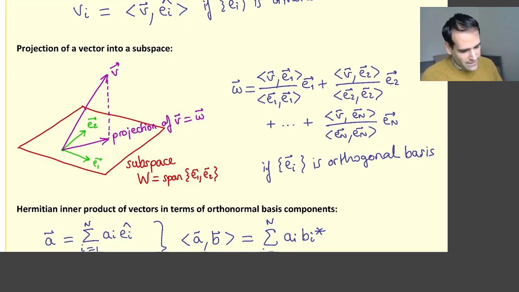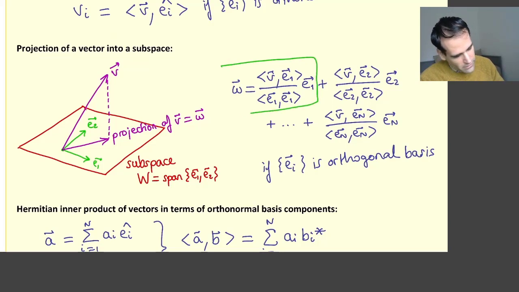Now, we can say that projecting into one single vector is like projecting into a subspace which is made up as the span of one single vector. So instead of projecting into a plane, we'll be projecting into a line. And therefore, we would be able to simply use the first term of this recipe because our subspace only has one vector E1. Okay, so that's the recipe we're going to follow.